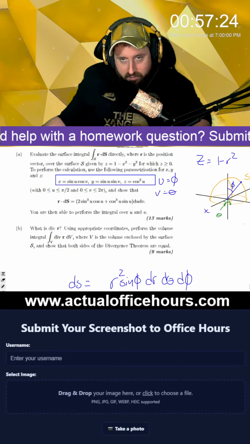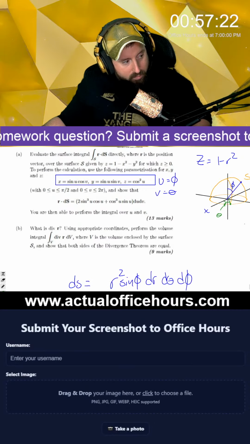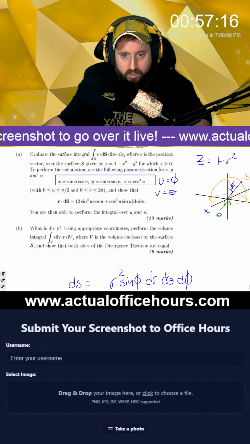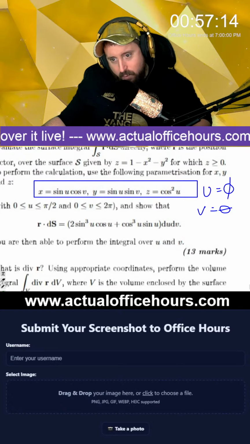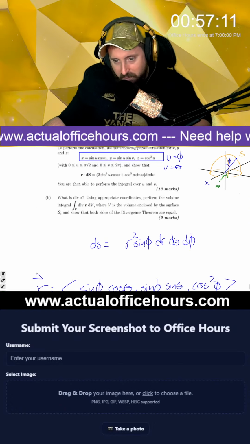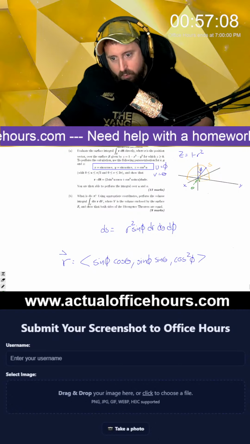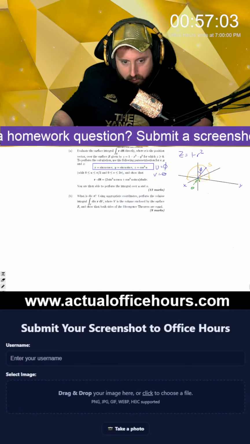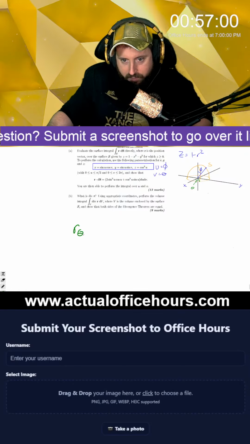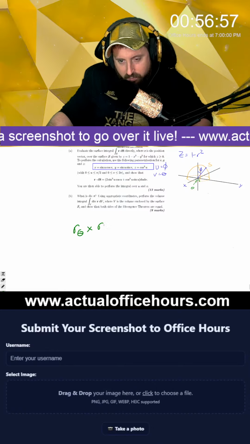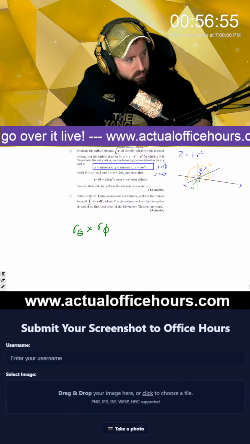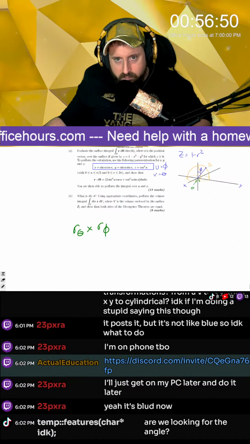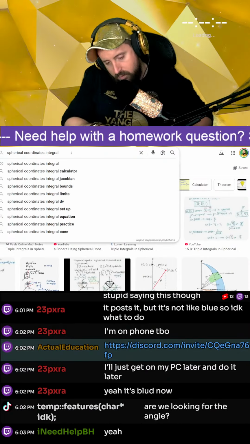I'm trying to get to dS, and I think you're right. I do need some Jacobians here, right? What's wacky here is they're defining u. I would rather they say theta and phi, because that would make more sense to me. But I think what I need to do is get the parameterization, so I need to get r theta and cross it with r phi, right? Because spherical coordinates, Cartesian.